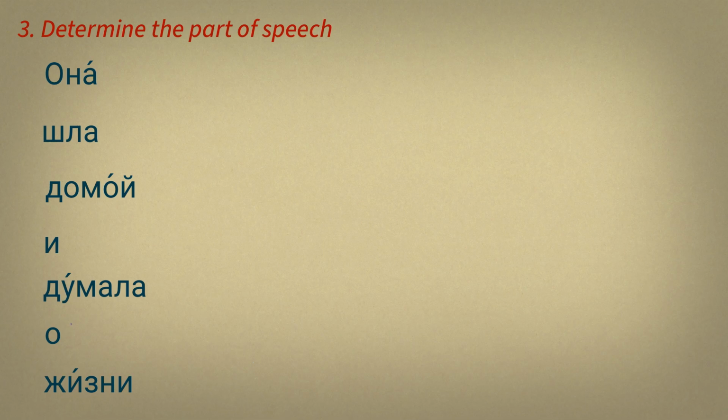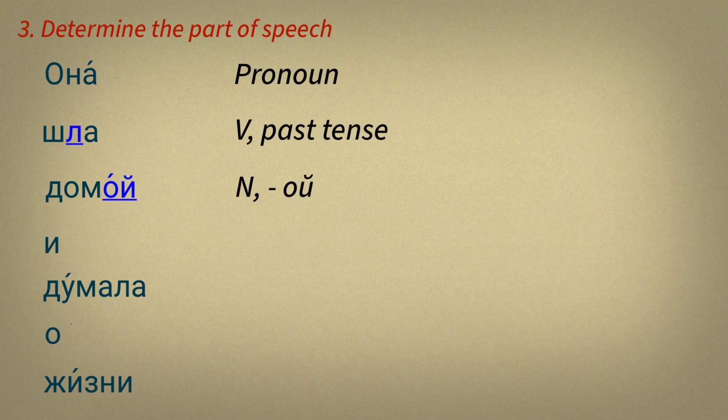Let's determine the part of speech using visual clues. Она. It's a pronoun and it replaces a noun. Шла. It's a verb in the past tense. Usually, the suffix «л» indicates the past tense. Домой. It's a noun and has an ending «ой».